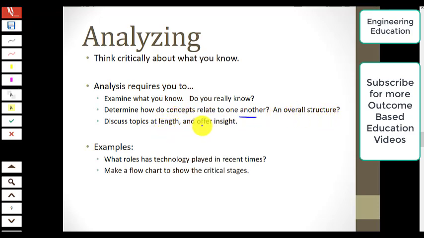Discuss topics at length and offer insight. Examples are: what roles has technology played in recent times? So this type of question may be related to analyzing. Make a flow chart to show the critical stages. This can also be related to analyzing.